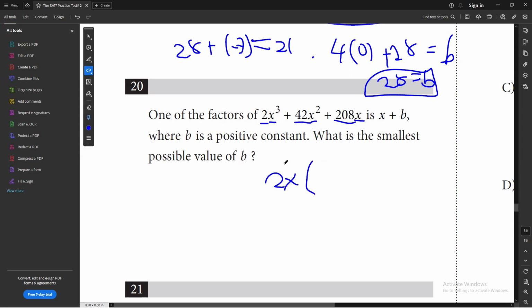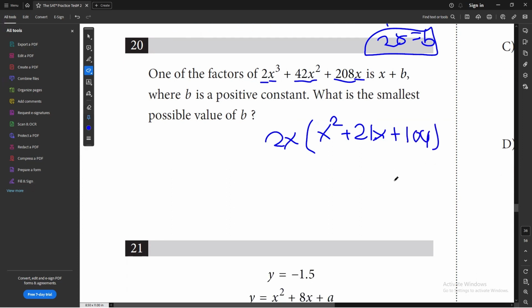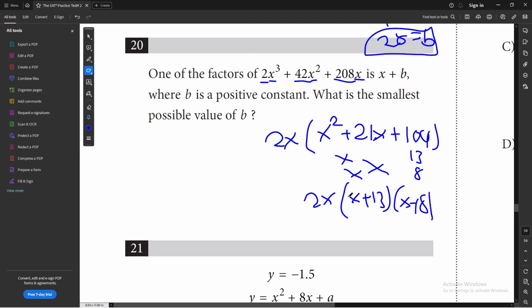So if I distribute this inside, I'm going to end up with x squared plus 21x plus 104. Okay, so if I want to factor this, I can do 13 times 8, yeah, and then we can write this as x plus 13 times x plus 8 times 2x.